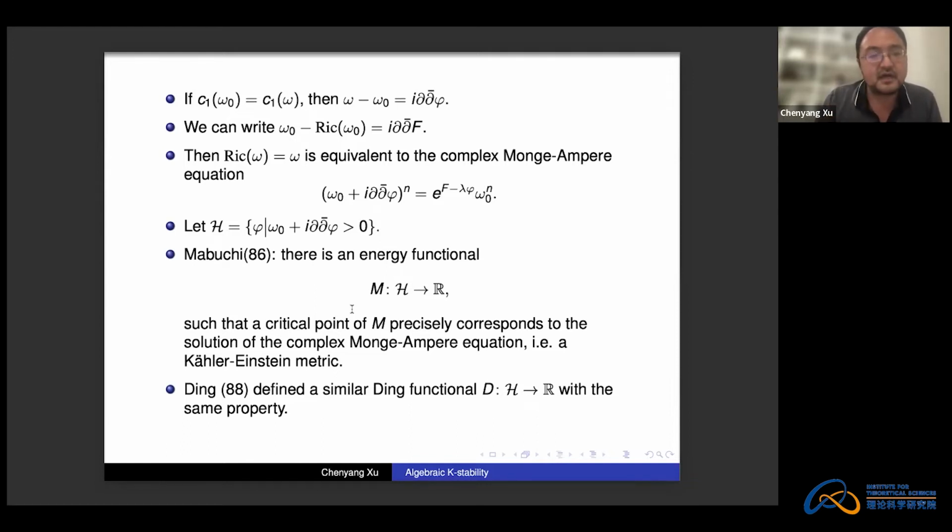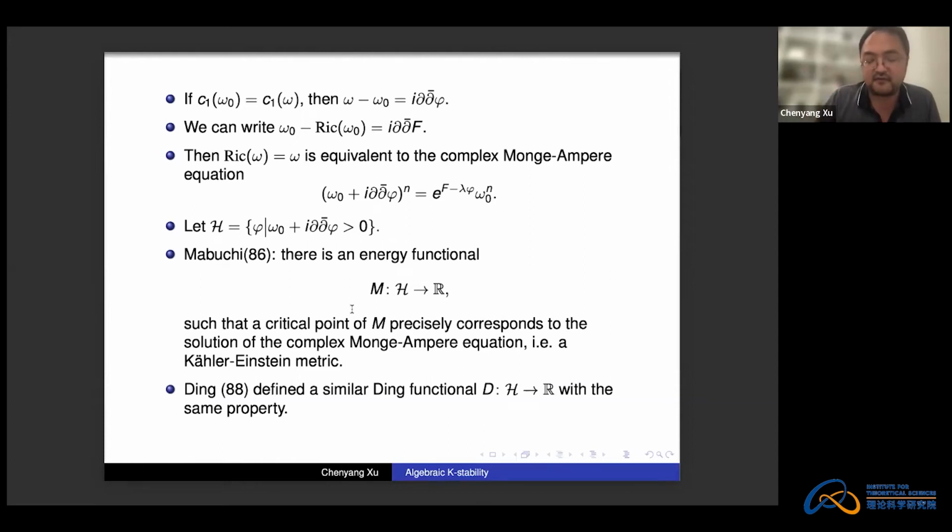So as we all know, the ddbar lemma says that if I have two Kähler metrics which have the same Chern class, then the difference can be written as i ddbar phi. And similarly, now we are in the case that we assume omega_0 is in the class of Ric omega_0.